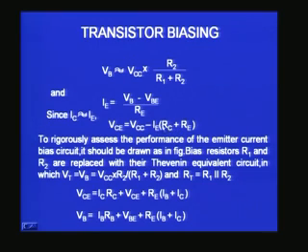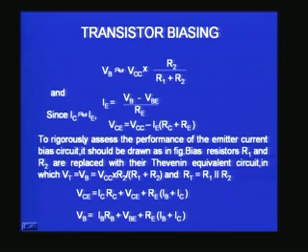I find the total resistance RC plus RE multiplied by IE, that is the total voltage dropped across the two resistors. If I subtract it from VCC, what is left will be the voltage between the collector and the emitter. But we have already said it is nearly equal, because certain conditions have to be satisfied to make this exactly true.